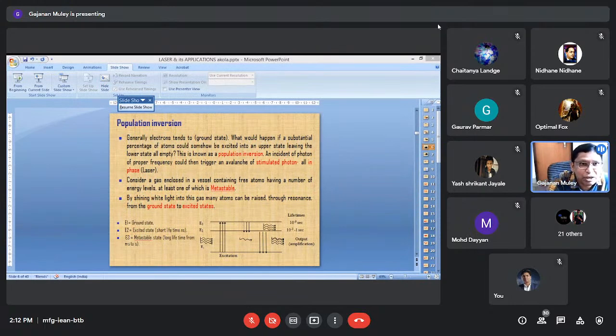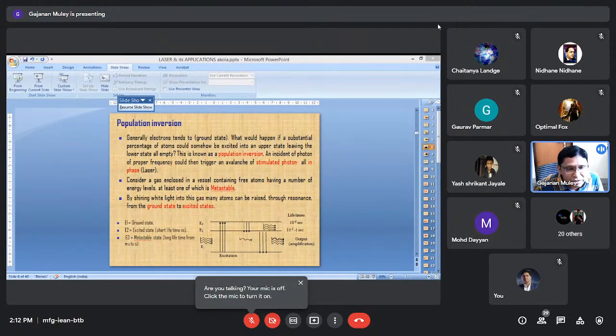Another interesting application of this radiation is the nuclear fusion reaction. The source of energy of every star is nuclear fusion. There are two kinds of nuclear reactions: nuclear fission and nuclear fusion. In a nuclear fission reaction, heavier nuclei break down into smaller or lighter nuclei, emitting a lot of energy.